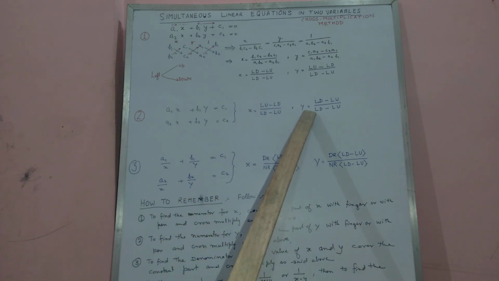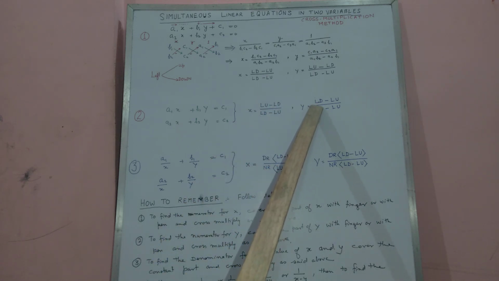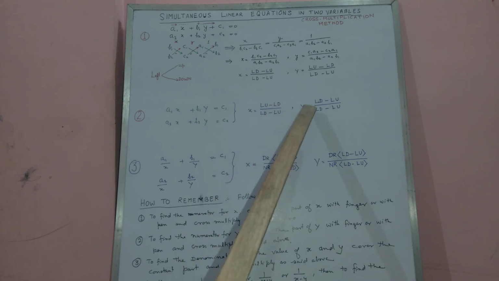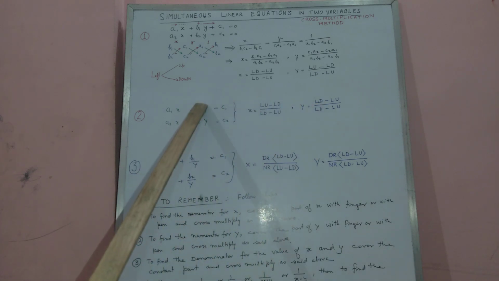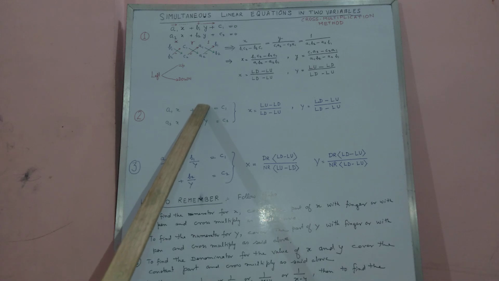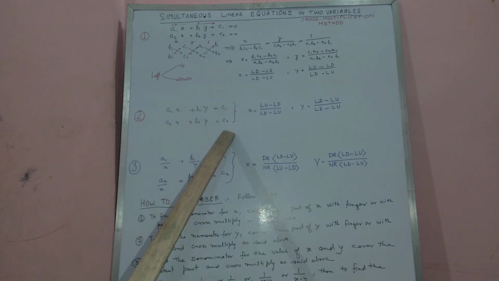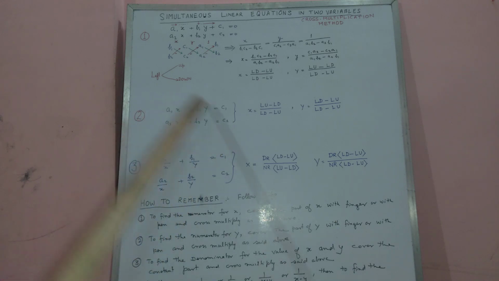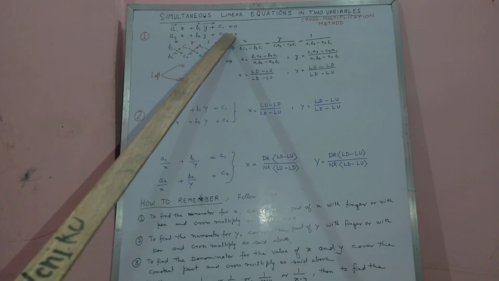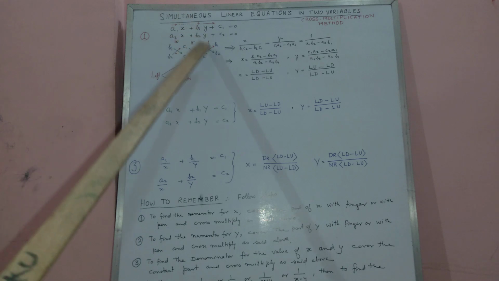Similarly, to find the value of y, first of all you cover the y part and apply left to down, a1 into c2. There is no need to shift the constant to the left hand side.